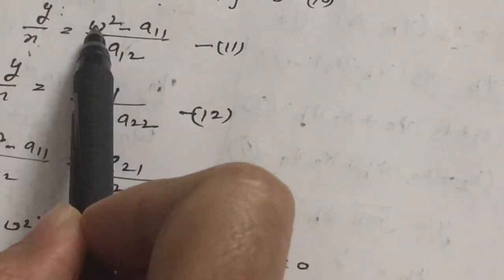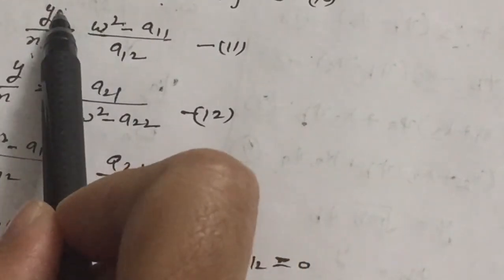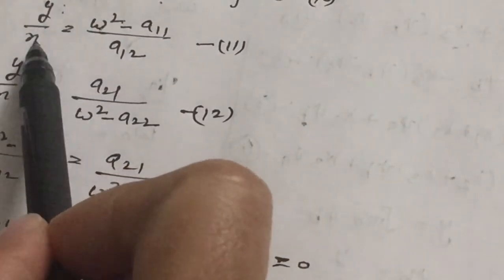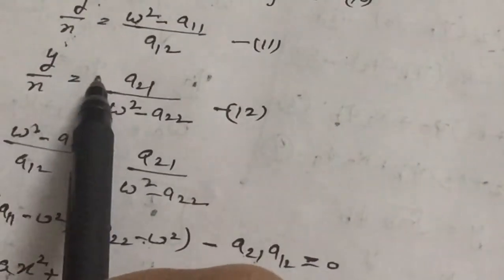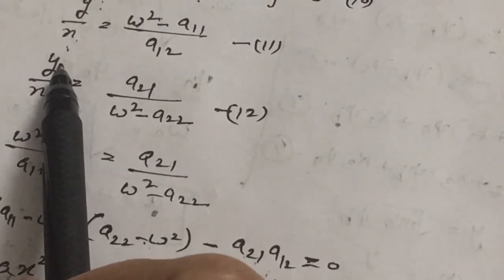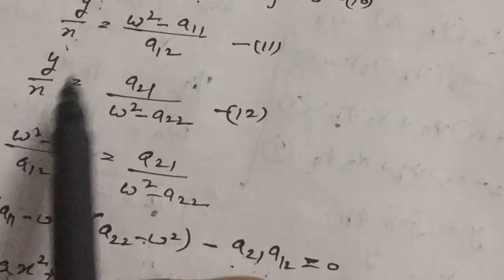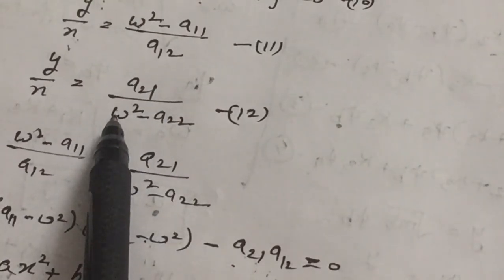We will substitute omega 1 instead of omega square when we have to find the first type of simple harmonic motion. Similarly, for the first type of motion, that is b1 divided by a1, that equation will become a21 and this will become omega 1 square.